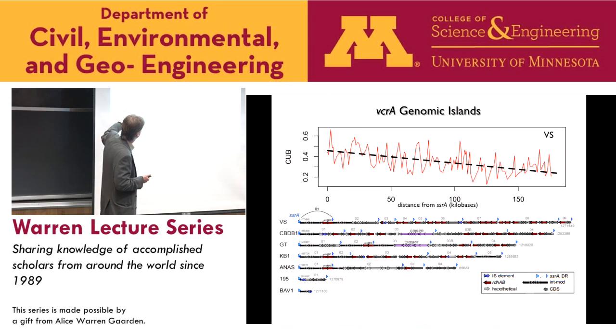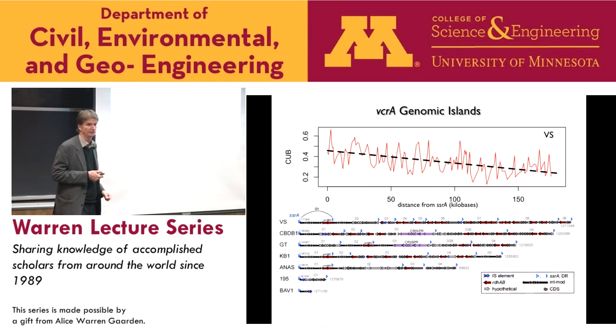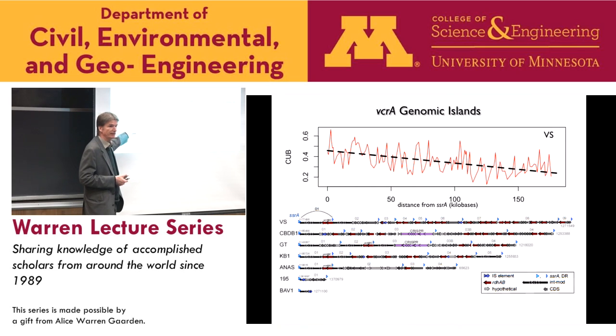This one does not have a vinyl chloride reductase. Here you see the vinyl chloride reductase, here you see the vinyl chloride reductase, and here you see the vinyl chloride reductase. So they are all the most recently acquired genes. In other words, these organisms that we find at sites that degrade vinyl chloride in the environment most recently acquired this biochemical capacity.